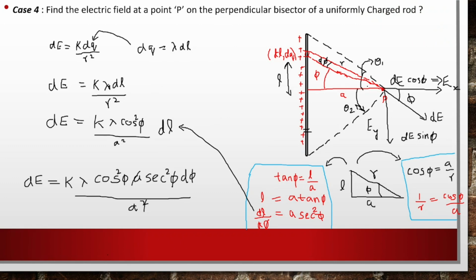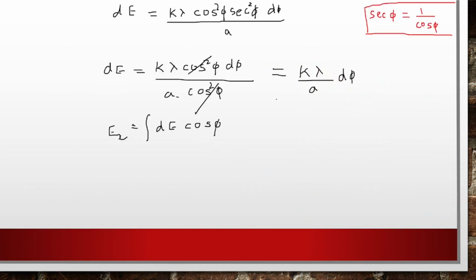It's our perpendicular bisector and we need to integrate from minus theta 2 to plus theta 1. So our lower limit is minus theta 2 and upper limit is plus theta 1.